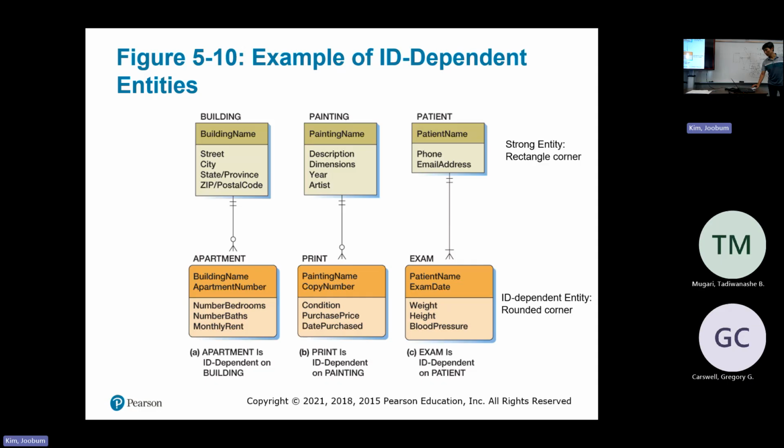Okay. Take a look at the first example. Building entity and the apartment or classroom, similar. Okay. So the building has a building name. The building name is the primary key of this entity. And the apartment and the classroom. Classroom belongs to the building. That's why the classroom has a building name and the classroom number.